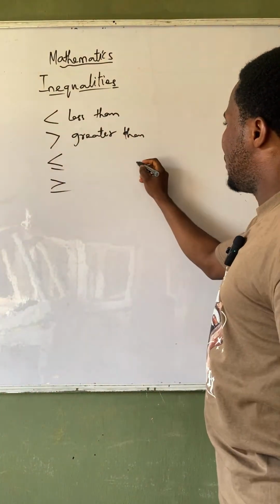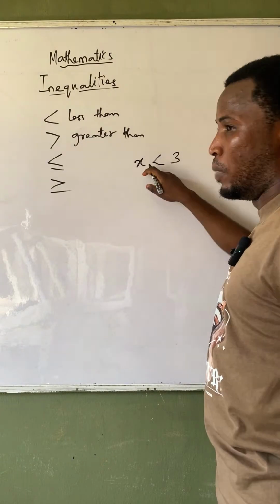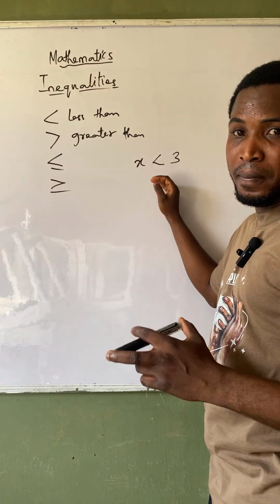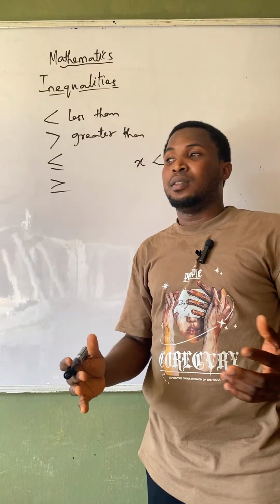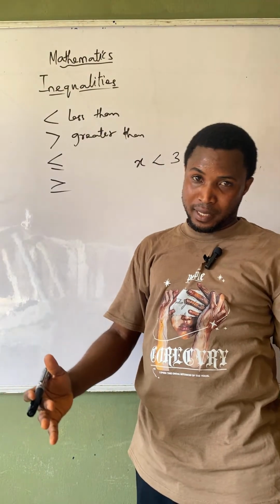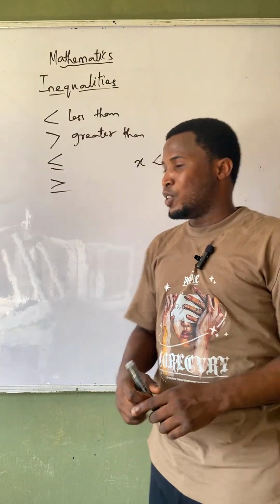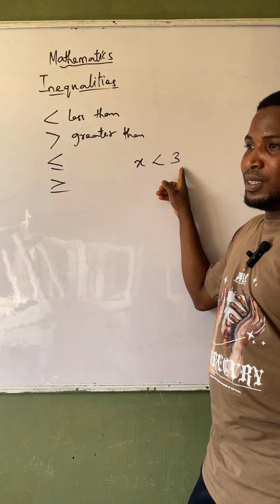Now I'm going to start with this. Let's assume I have x less than 3. Let's assume these are real numbers, or let me call it the set of integers. Integers are whole numbers, either positive or negative. So now we are looking at x less than 3.